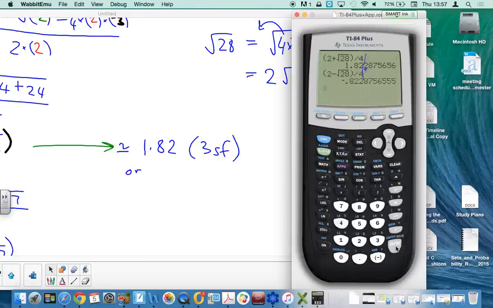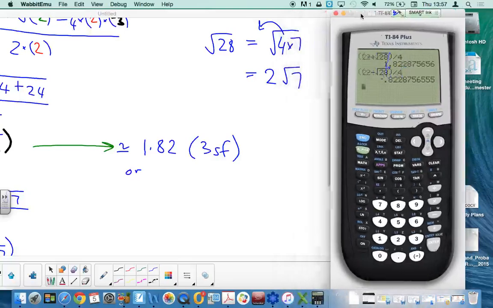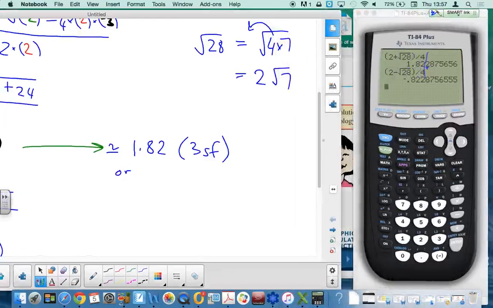So you can see it is. Now be very careful, here's another good thing to show you. This is what a lot of students will write down as the answer from that calculator. You just copy down that number, and they can even round it off correctly to 3 significant figures. That 2 changes to 3.